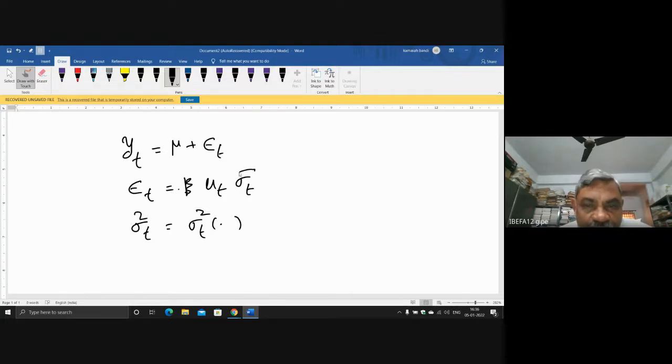So in stochastic volatility models, the sigma t, which is deterministic here, because sigma square t is deterministic, therefore sigma t is also deterministic. It is viewed as some function of eta t. That is how it becomes stochastic.